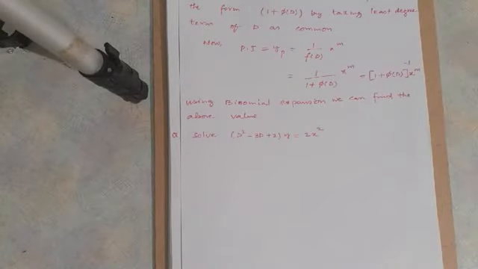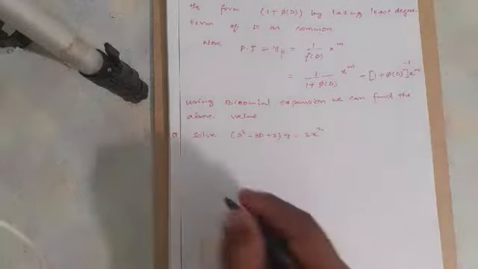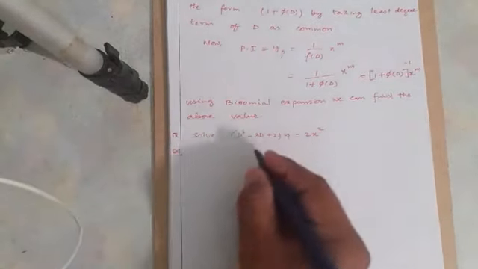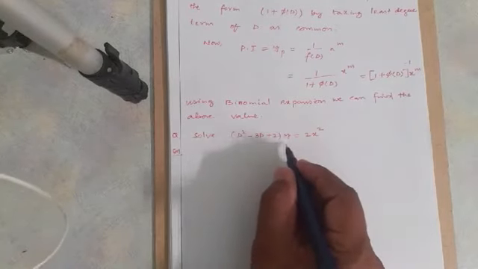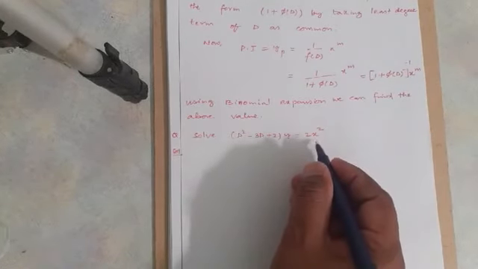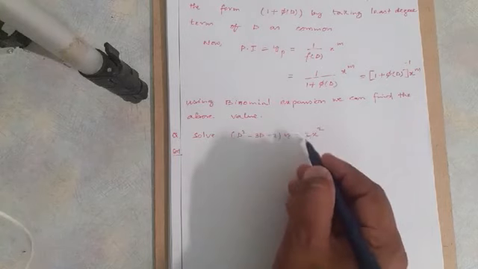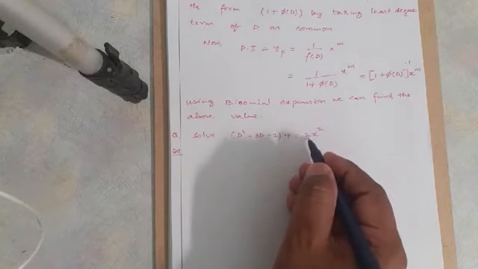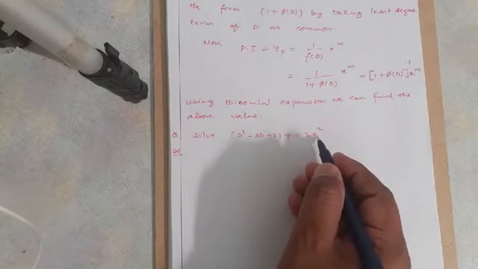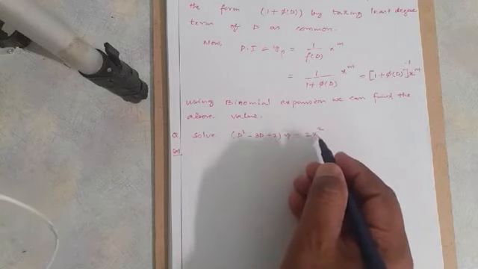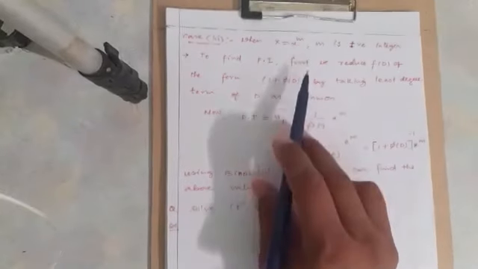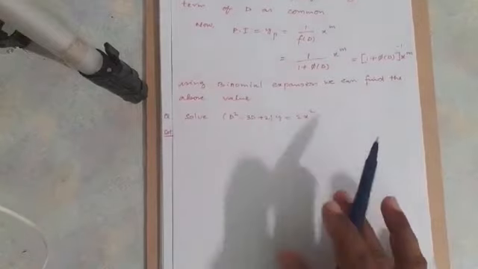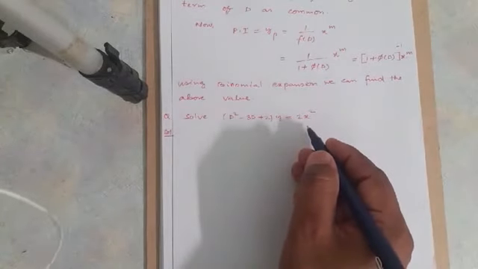If a problem is given in this way, in the solution, as you know, the problem will be in the form f of D of y is equal to capital X. By seeing capital X, here 2 is a constant, you just neglect that. Now you can see x square is there. So x square is in the form of x power m, as we have written here. So if it is given, we have to assume that this is the third case.